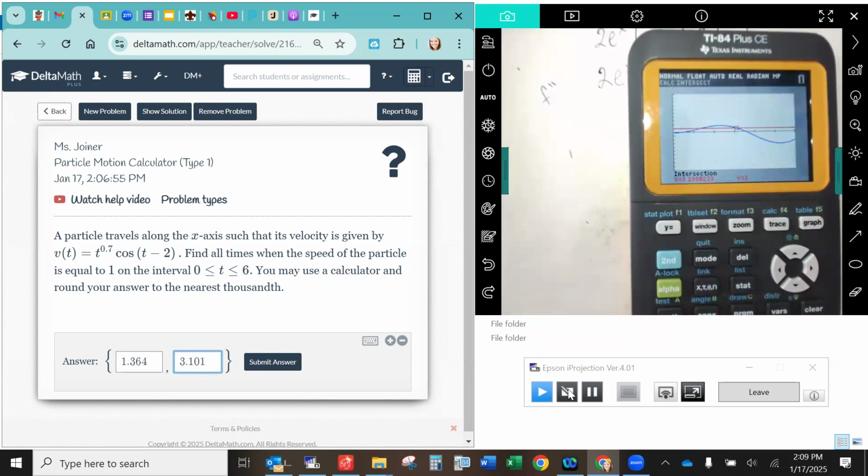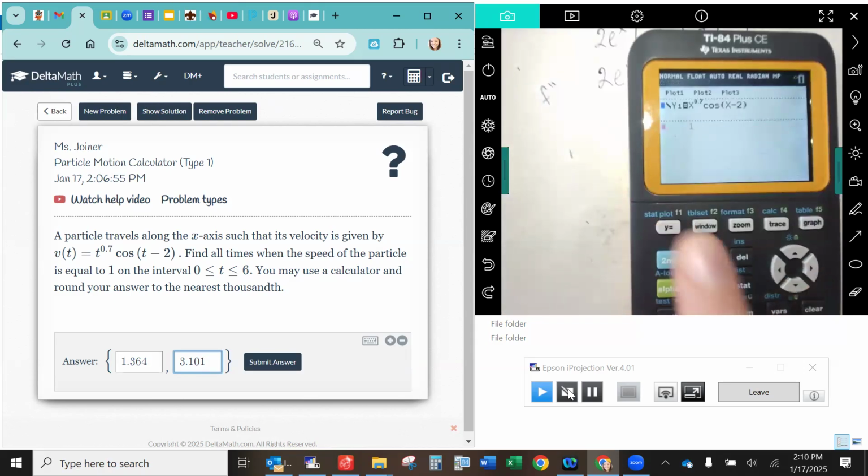Okay, here's why. Remember that speed is velocity, but without what? Without direction. Very good. So if I'm going 1 mile per hour, that could be positive, or it could be what? Negative. So go back into your y equals. A velocity of 1 is a speed of 1, but a velocity of -1 also would be a speed of 1.